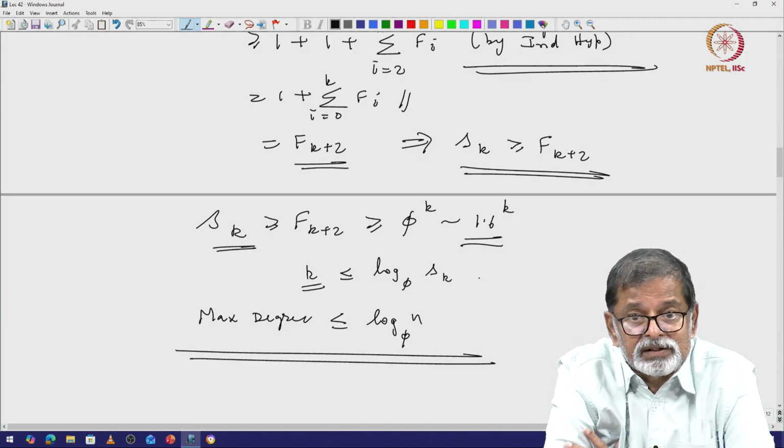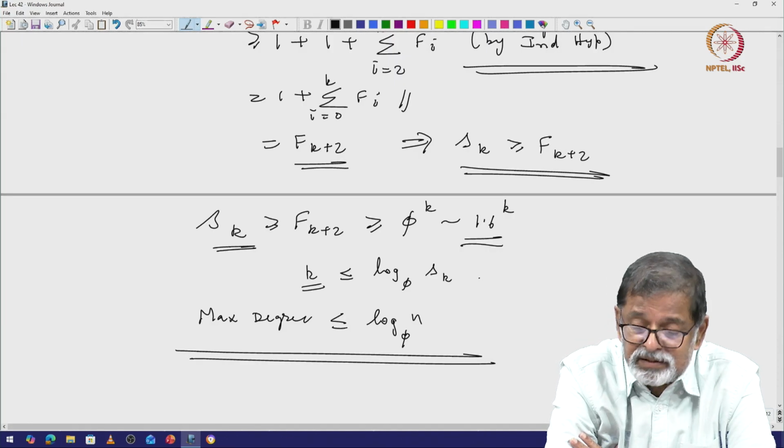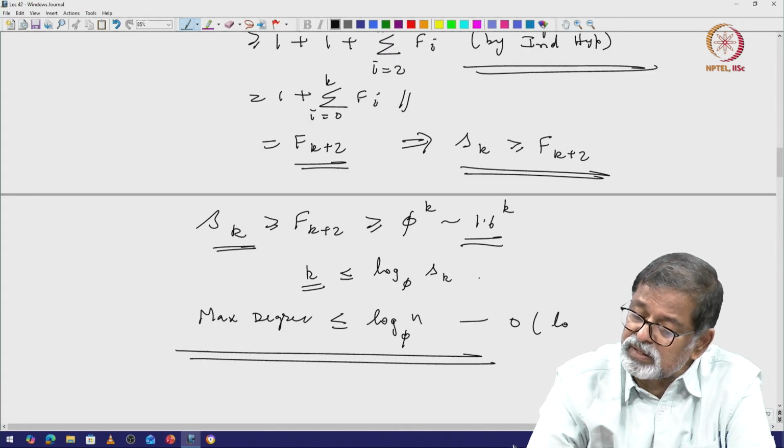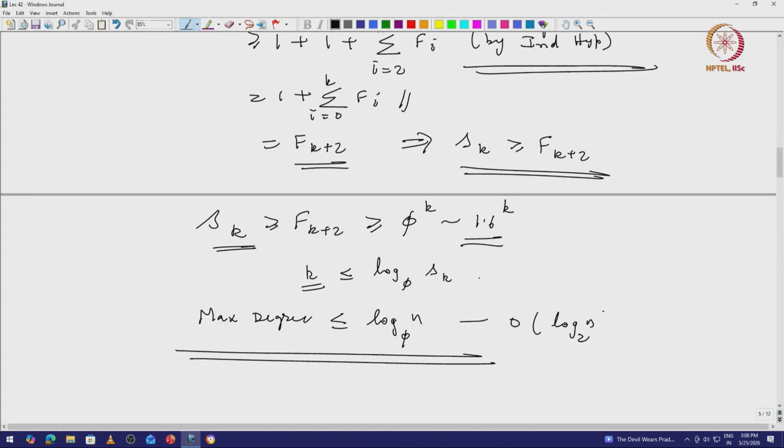That means the distinct degree. Now changing the base, this is order log n to the base 2. The base changing rule alters only by a constant. Therefore, Dn is order log n. Maximum degree is order log n.